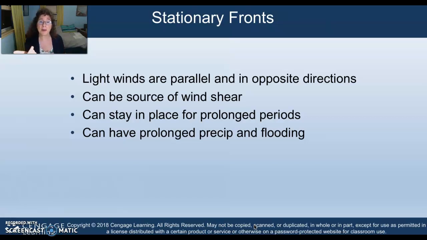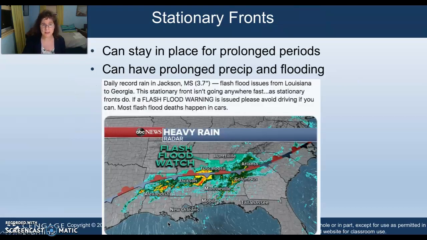So we talked about directional shear. Stationary fronts can be a source of wind shear and directional shear alone. And because they can stay in place for long periods of time and generate some rain, they can generate flooding by the fact that they just don't move and they continue to rain in moderate amounts.